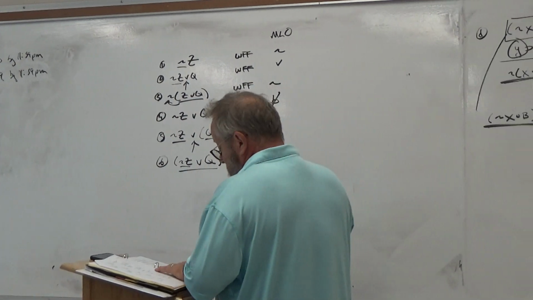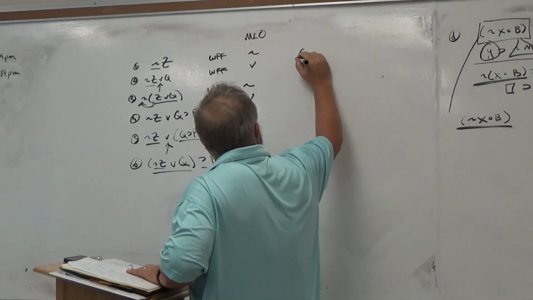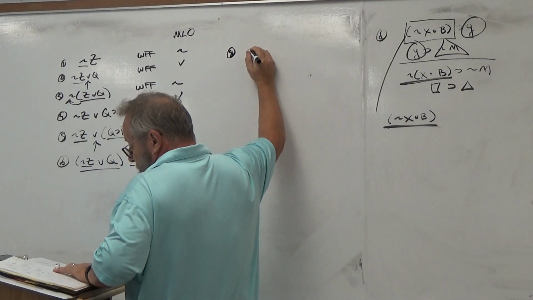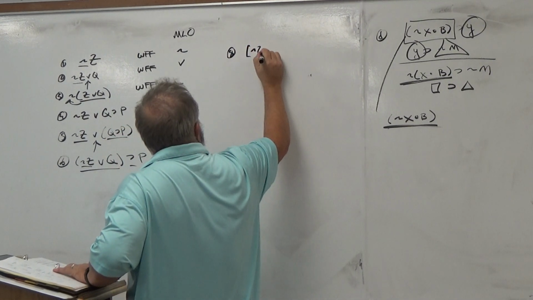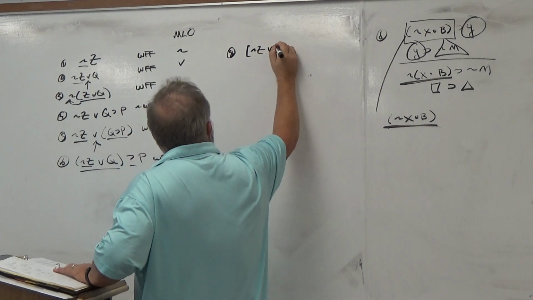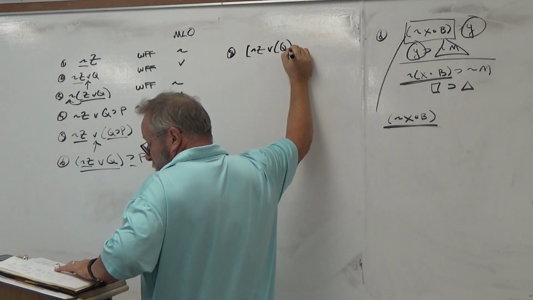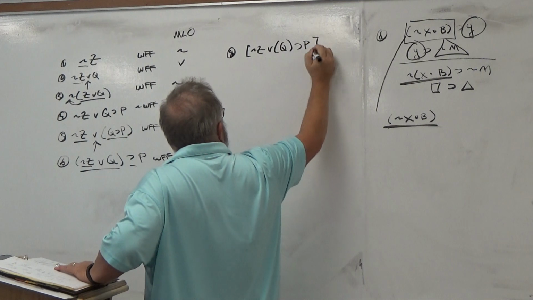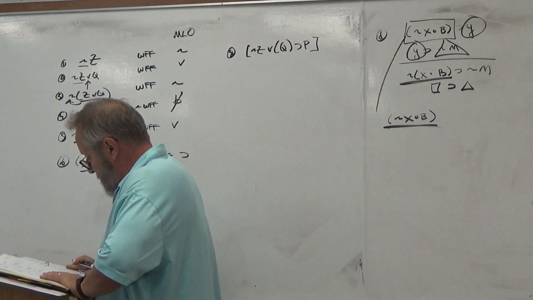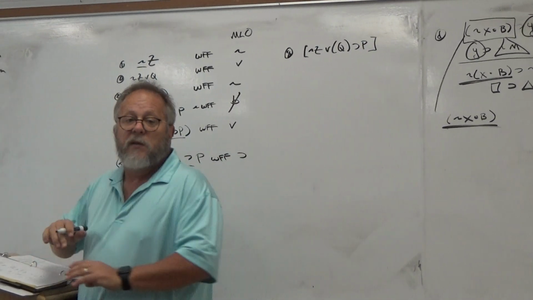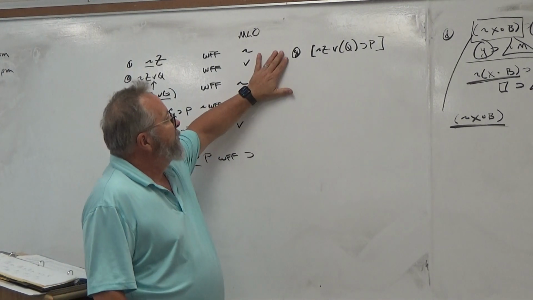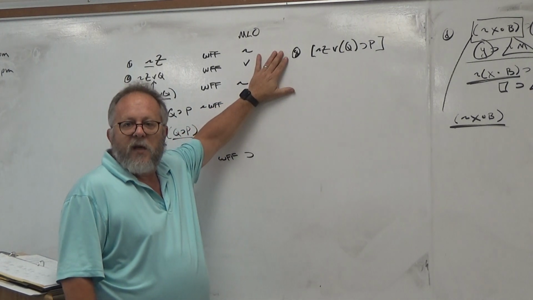Let me skip to 8. Okay, 8 has bracket not C or Q, then P. What about this? Well-formed or not?